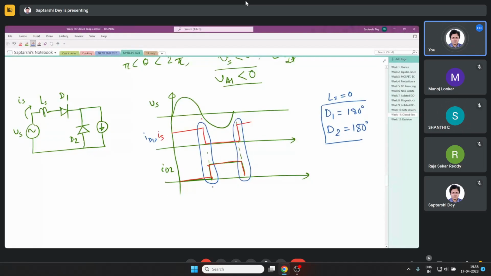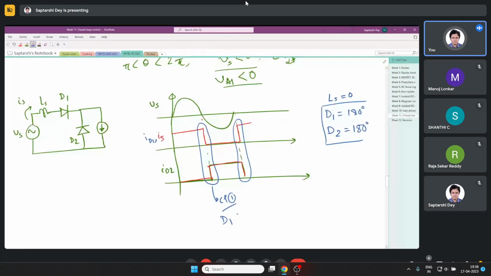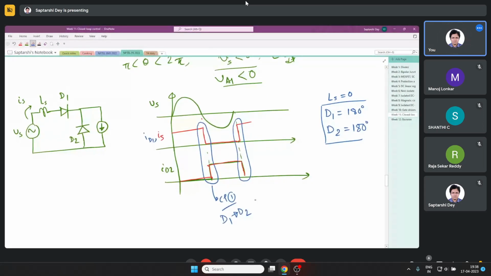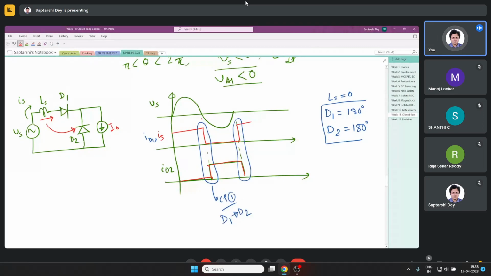Now let us take this commutation period CP1, commutation period 1, where the current is being shifted from D1 to D2. D1 had some current, say 10 ampere, and that current suddenly shifted to D2. That was possible when the inductor was not there.